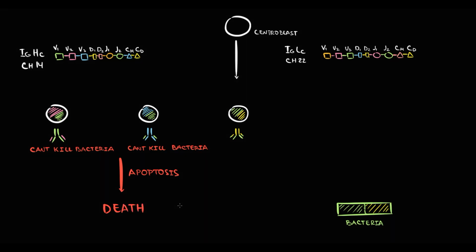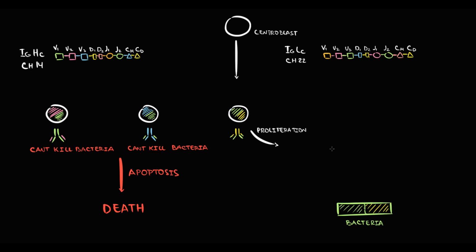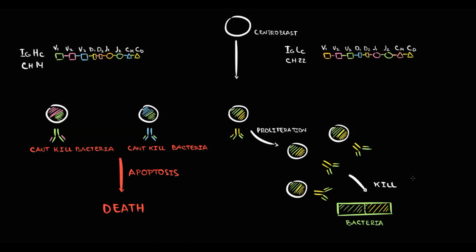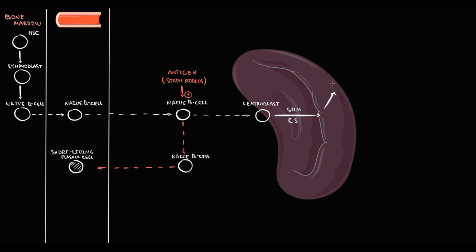Broken B cells with low affinity to antigens undergo apoptosis, or we call this negative selection, that results in their death. In contrast to this, B cells with high affinity to bacteria undergo proliferation that results in formation of multiple identical B cells with high affinity to bacteria. Basically, they are clones. High affinity B cells produce high affinity antibodies, and such antibodies will very quickly kill the bacteria. So, somatic hypermutation and class switching cause production of a massive amount of broken centroblasts with low affinity to antigen.